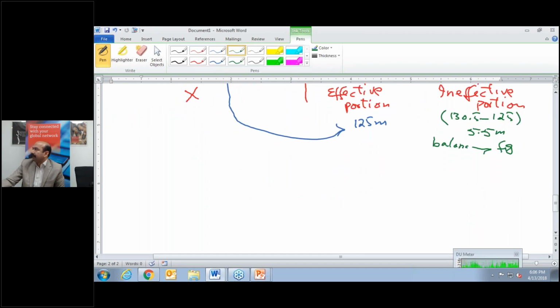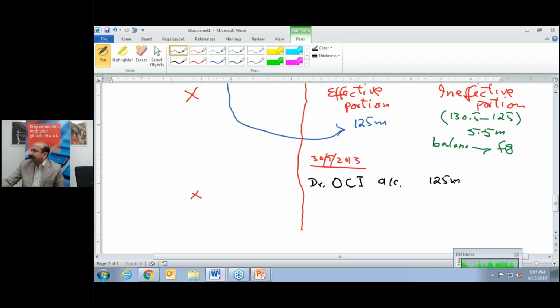So what is the entry? As we discussed earlier, no entry there, but on this date, on 30th September, which is the year end 2013, the entry will be: debit other comprehensive income account with the effective portion, and debit profit and loss account with the ineffective portion, and credit financial liability, which is the forward contract, because now the forward contract is at loss.